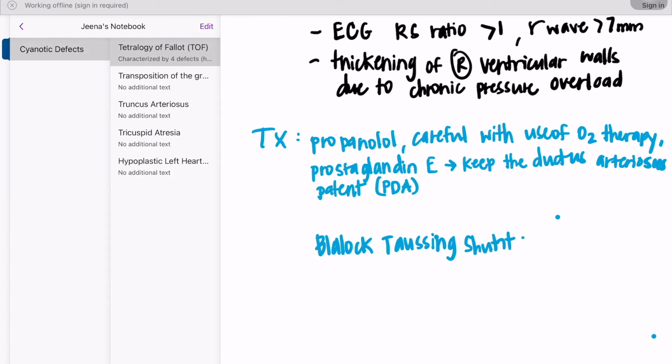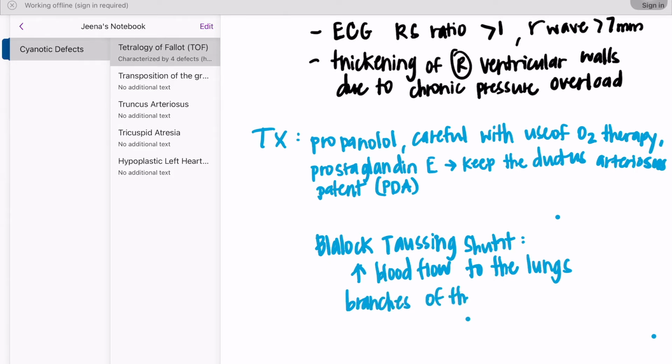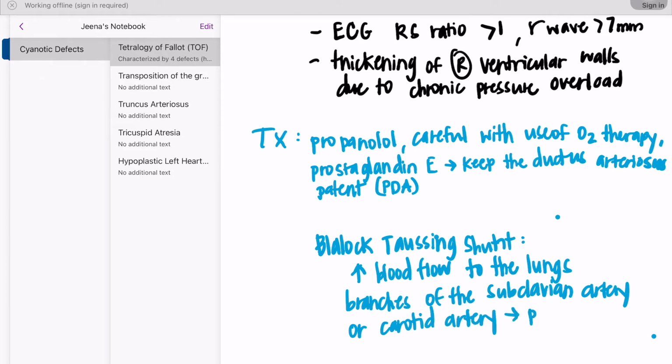So this is a corrective procedure that is going to increase blood flow to the lungs to oxygenate the blood better, where they take a branch or branches of the subclavian artery or carotid artery and connect that to the pulmonary artery.